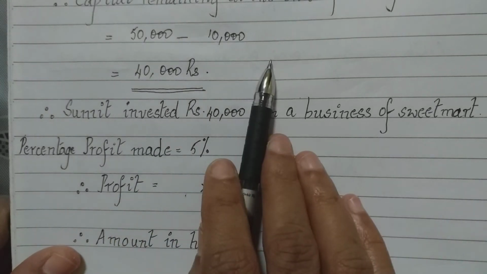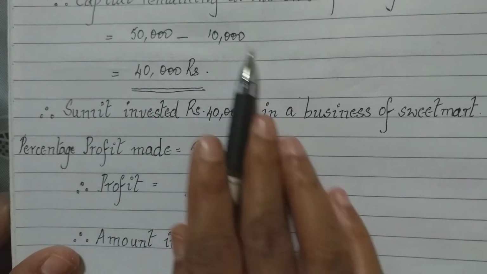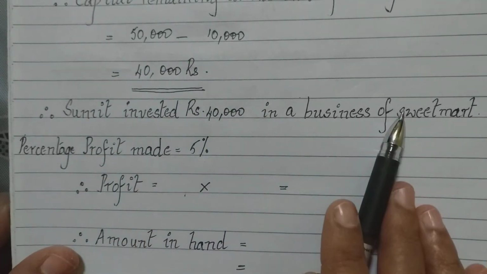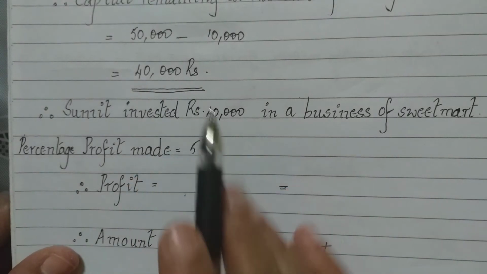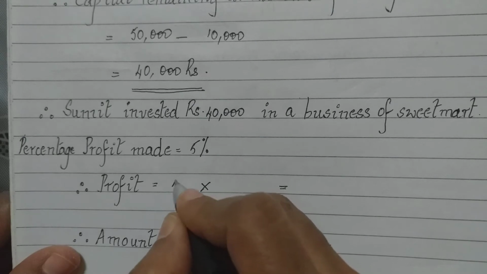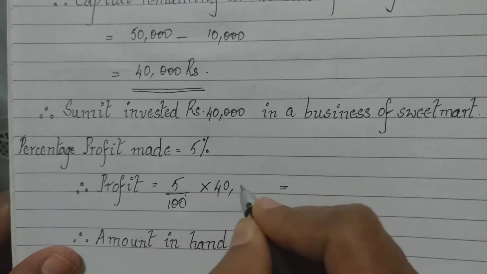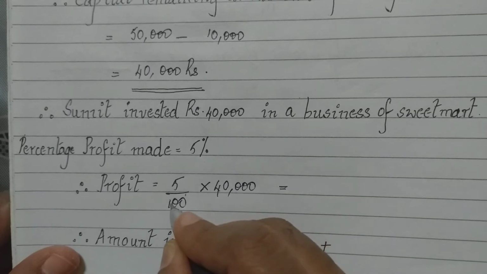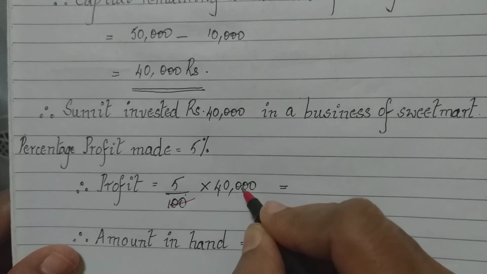Why don't I take 50,000? Because 50,000 he had initially. Now he has invested only 40,000 in this business of Sweet Mart. So 5 upon 100 into 40,000. When I do this, I can cancel these two zeros and these two zeros.